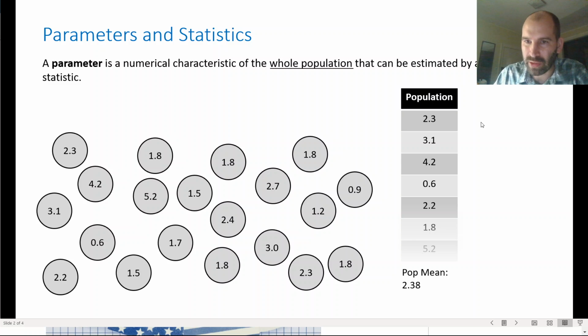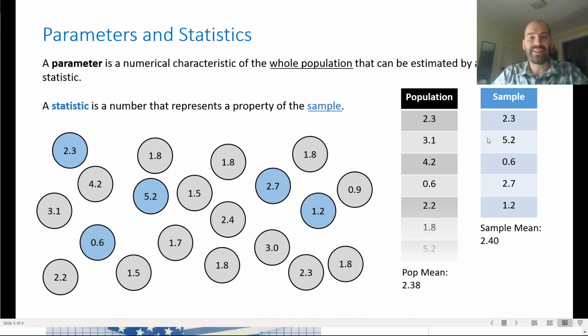We could measure a mean from this population, and you might get a mean of 2.38 if you averaged all of the numbers in the population together. That population mean is the parameter. It's a numerical characteristic of the whole population. In this case, it happens to be the mean. So that's what a parameter is.